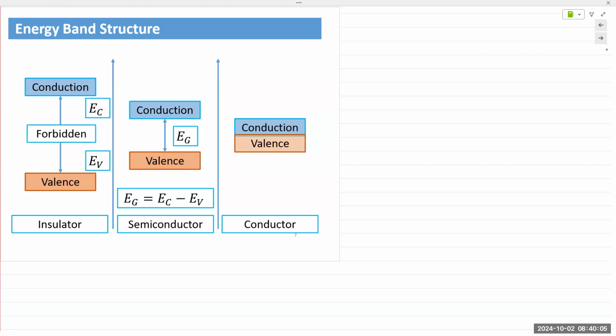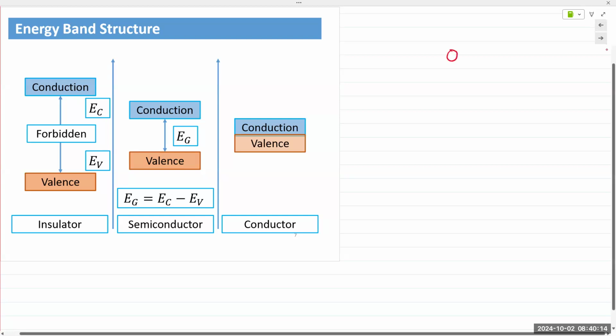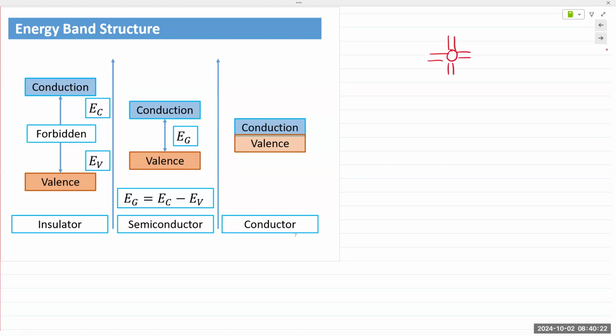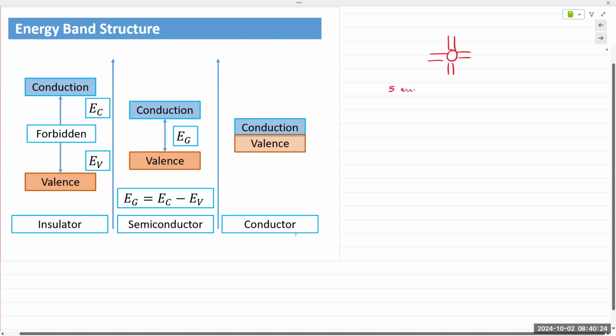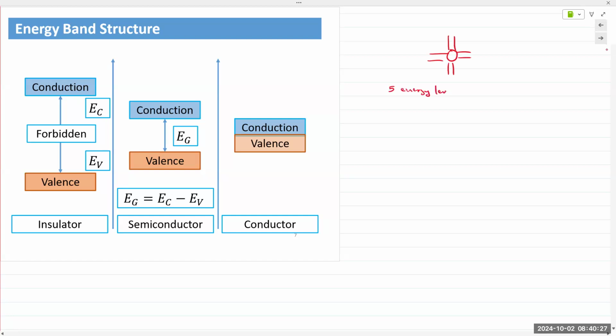So instead of 1 single energy level, now there is an energy band in that outermost orbit, right? You had an atom that was shared here and here, here and here, here and here, here and here. And 4 neighboring atoms. So there are at least 5 energy levels to speak of. Make sense?